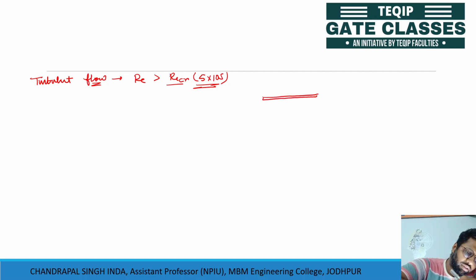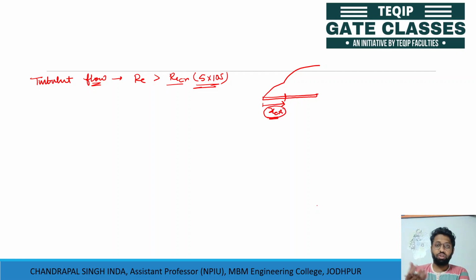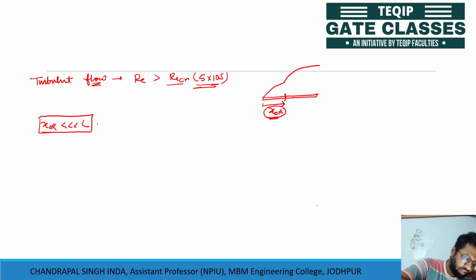This is the surface and this is x critical. X critical means up to which the flow is laminar. So before the turbulent flow there will be a laminar flow. If the critical length is very small compared to the length of the plate, then this type of flow is considered fully developed turbulent flow.